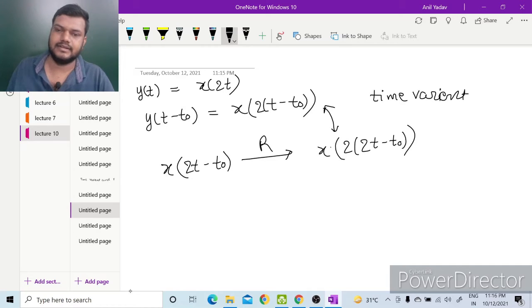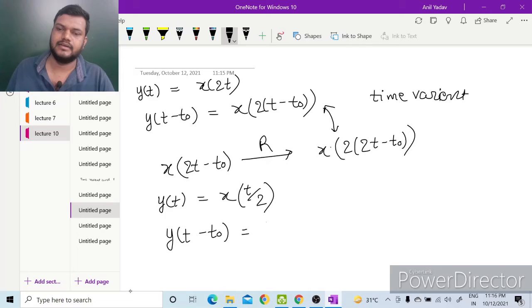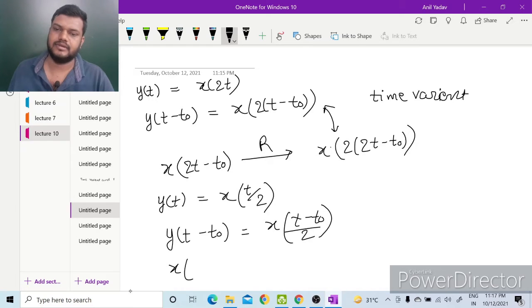Let us take another example. y(t) is x of t by 2. Again let us check: y(t minus t naught) will be x of (t minus t naught) by 2. Now let us give the input as x of t by 2 with the complete argument delayed by t naught, t by 2 minus t naught.